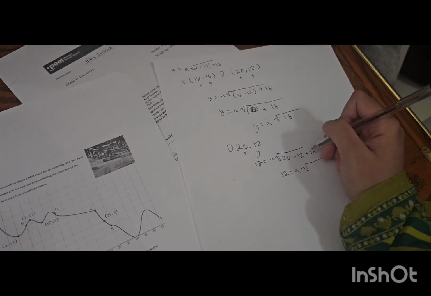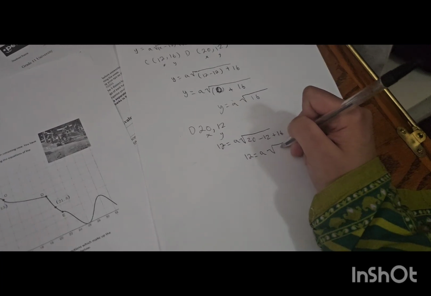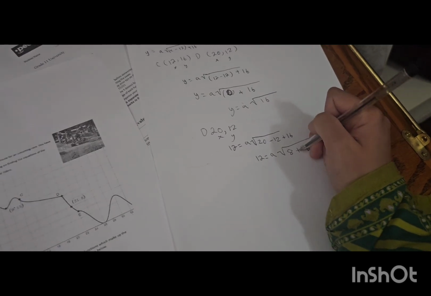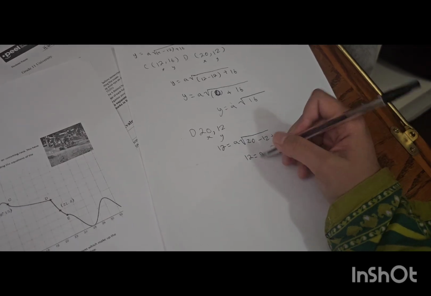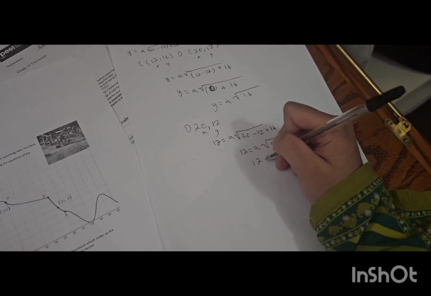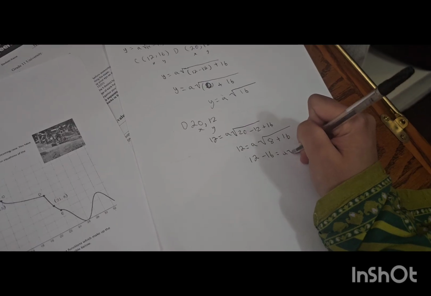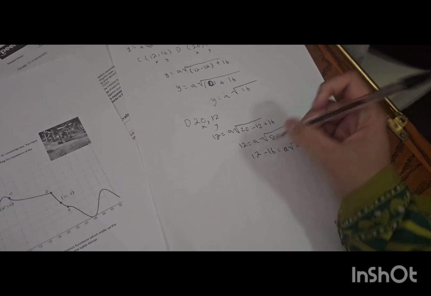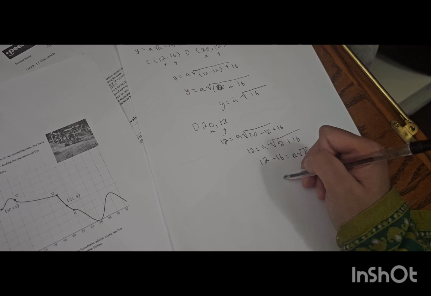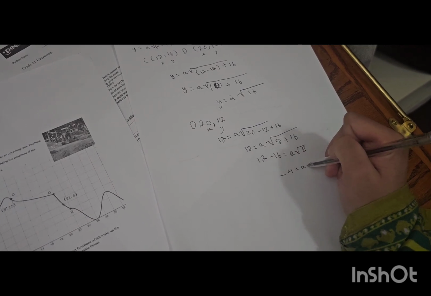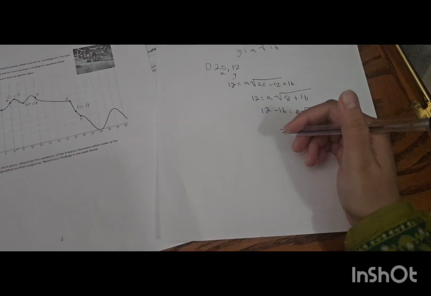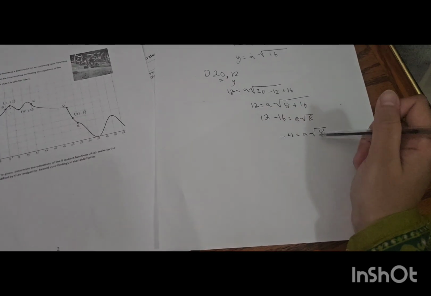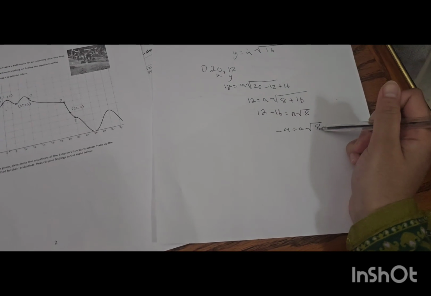That is just √8 plus 16. I'm going to bring the 16 to the other side. So 12 minus 16 equals a√8, so that's negative 4 equals a√8.